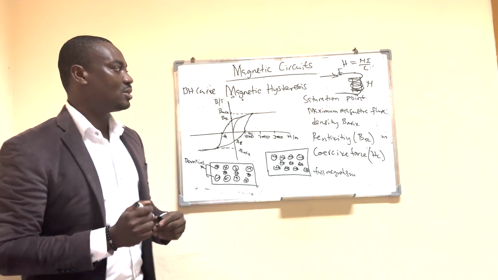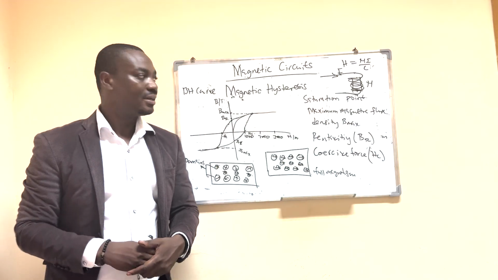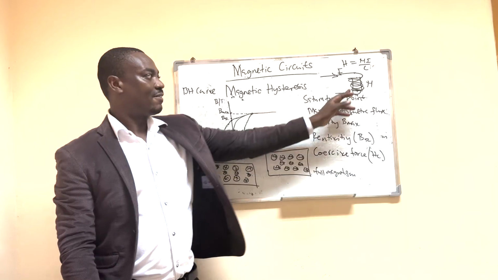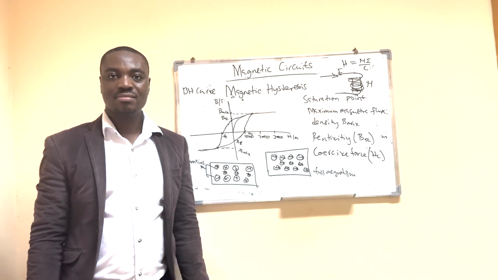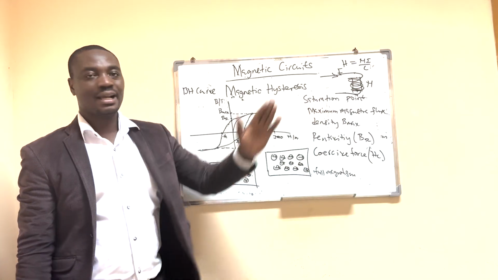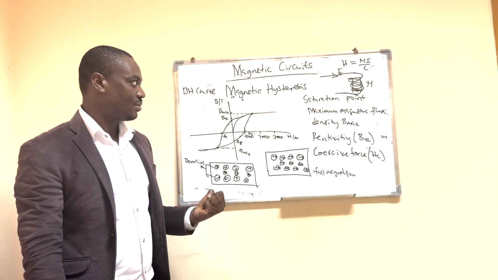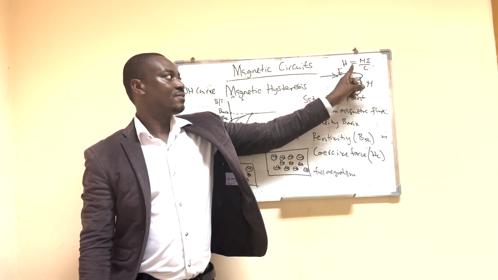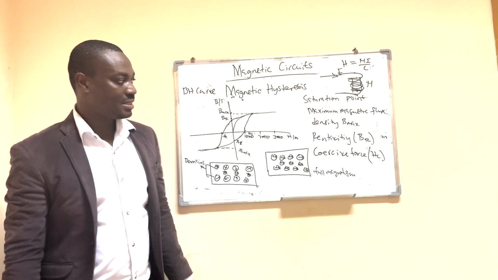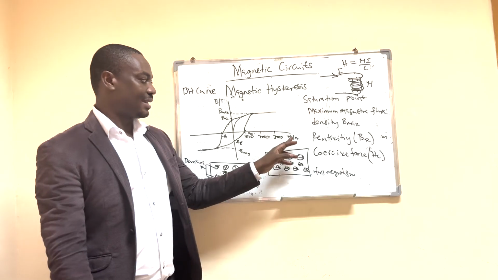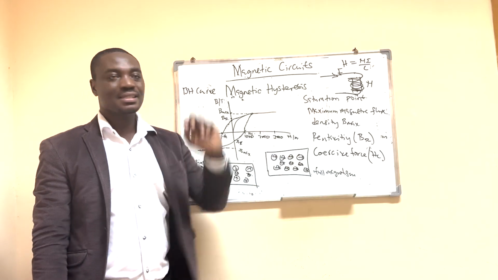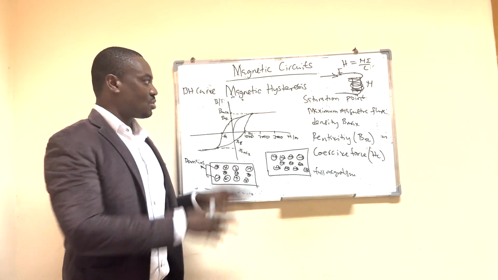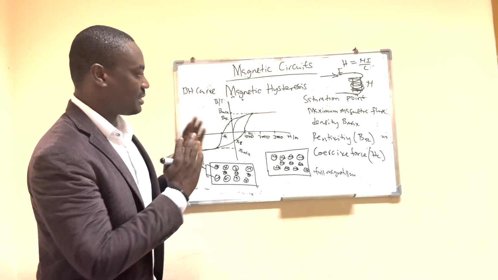So if I have current passing through this piece of iron, I can calculate the magnetic field strength, and you can see the magnetic field strength is proportional to the current. If I want to vary the magnetic field strength, I can just increase the current.